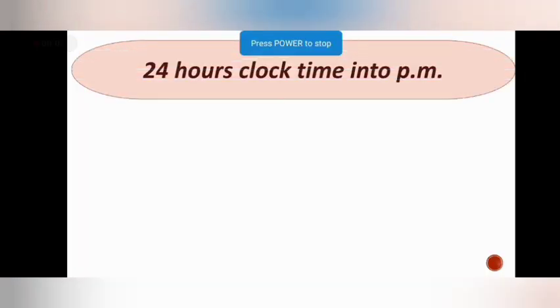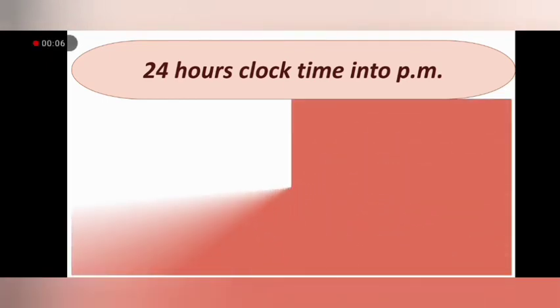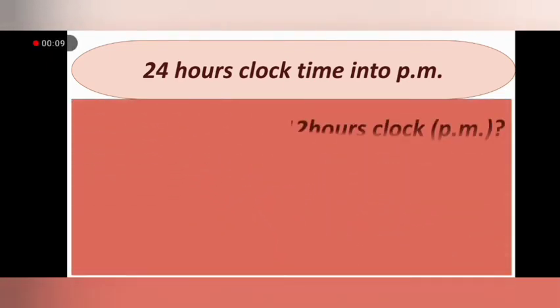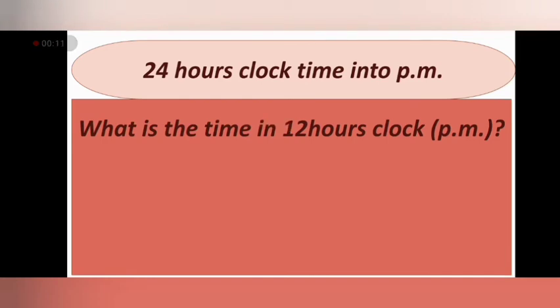Let's discuss how to convert the 24 hours clock time into p.m. What is the time in 12 hours clock or p.m.? The example is 19:25 hours converted into p.m. As we all know that when we convert the 24 hours time into p.m., we will subtract 12 hours.